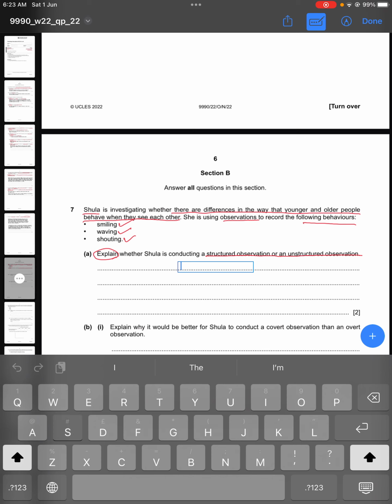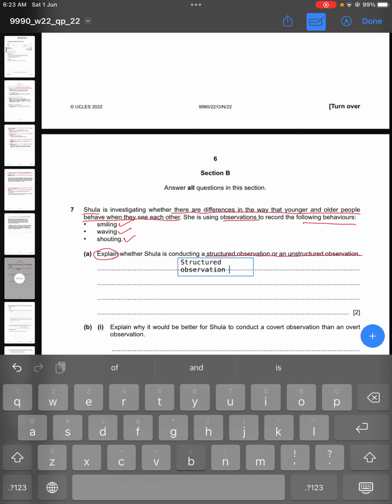So we are going to write that she is conducting a structured observation because she is using behavioral categories.